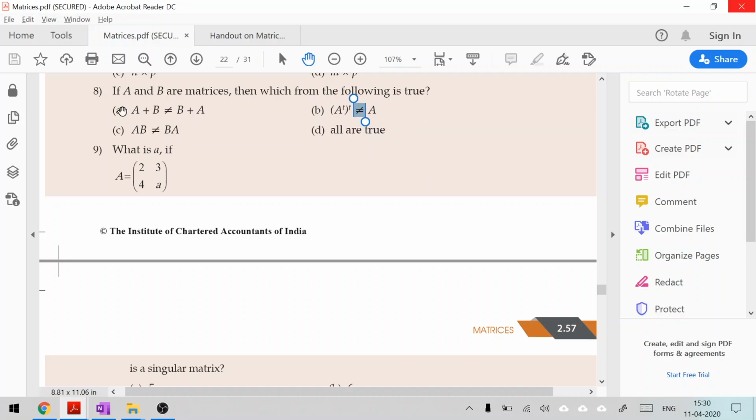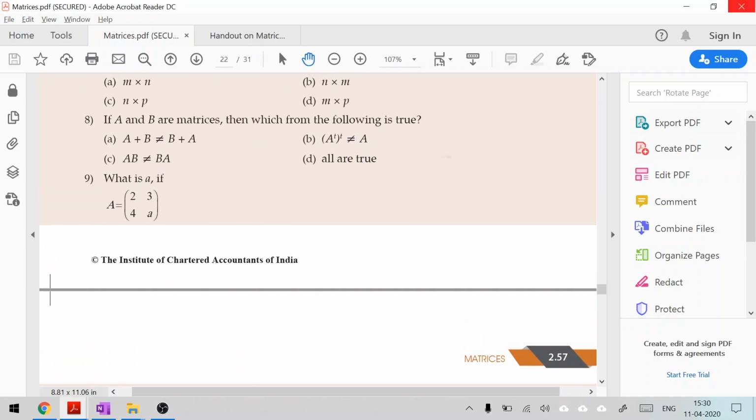Okay. So, that's how we eliminate option A and option B. Which means if we eliminate option A and B, D is automatically eliminated, because D is nothing but all are true, which is not true, you know that.